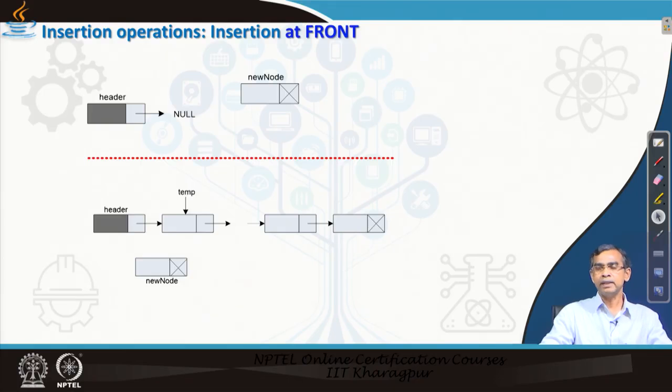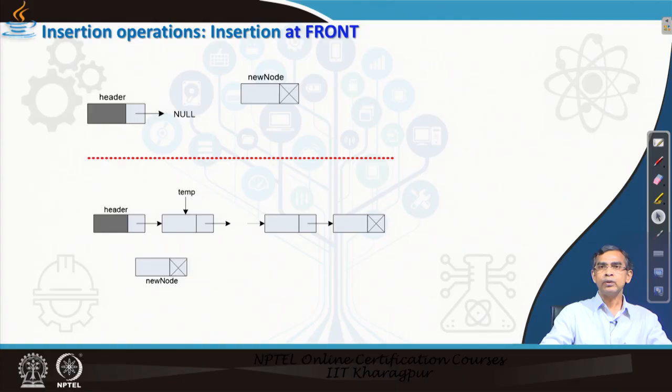Now, if we check, insertion at front can face 2 situations. One situation is that we want to insert a new node into a list which does not have any node, it is initially empty. An empty list means that it has only the header node.